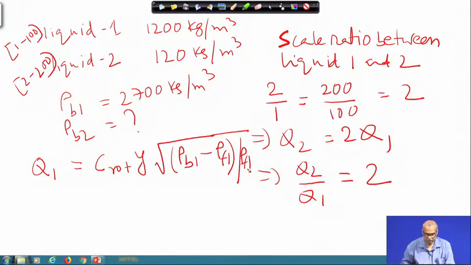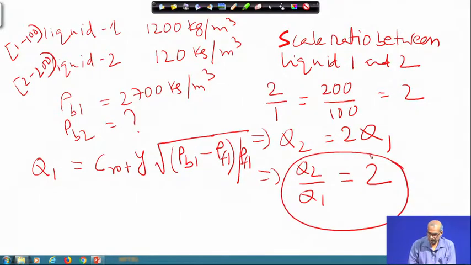So, I will erase this screen so that it becomes more clear. Let us remember that we have arrived at Q2 by Q1 equal to 2.